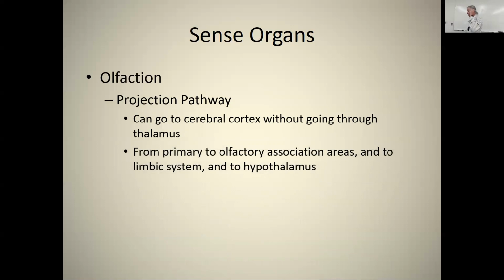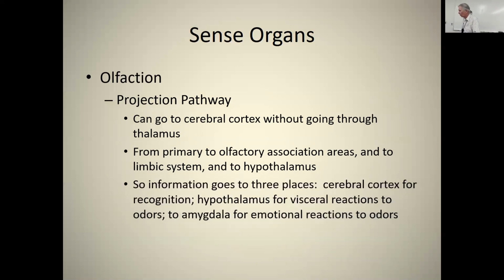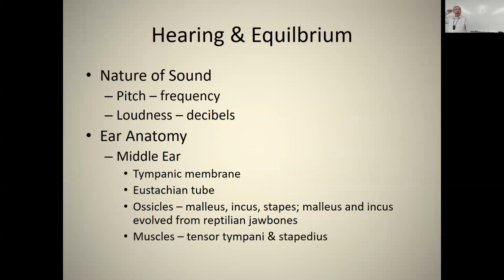From primary to olfactory association areas, the limbic system into hypothalamus. So information goes to three places: cerebral cortex for recognition, hypothalamus for visceral reactions to odors, and amygdala for emotional reactions to odors.